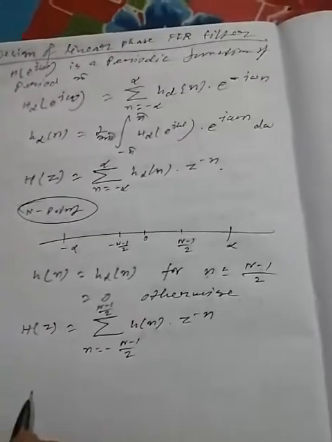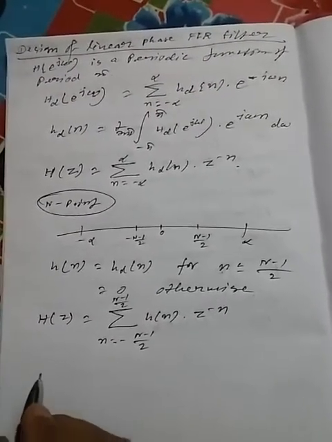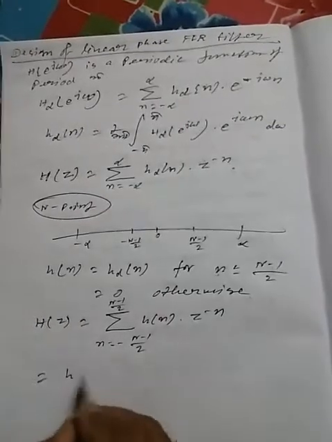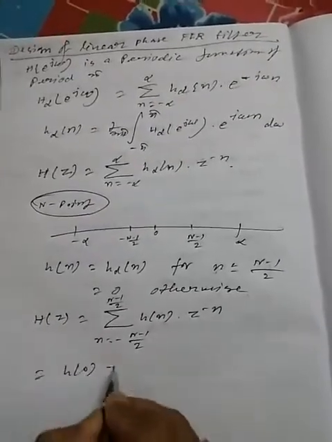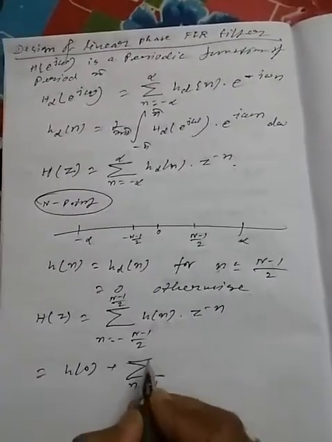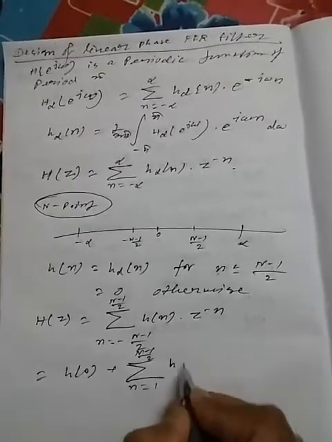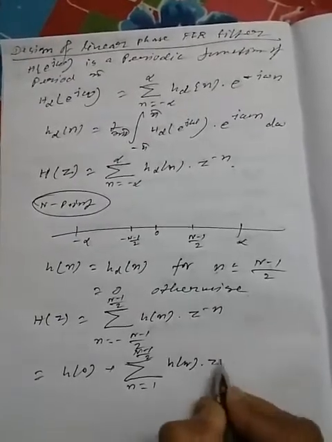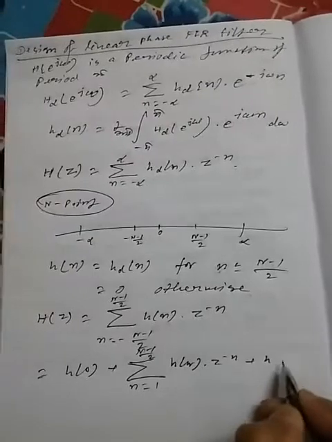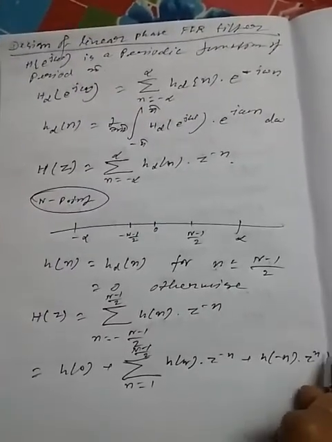So after simplification we can easily obtain that this will be equal to h(0) plus summation of n equal to 1 to (N minus 1) by 2 of h(n) into z to the power minus n plus h(minus n) into z to the power n.